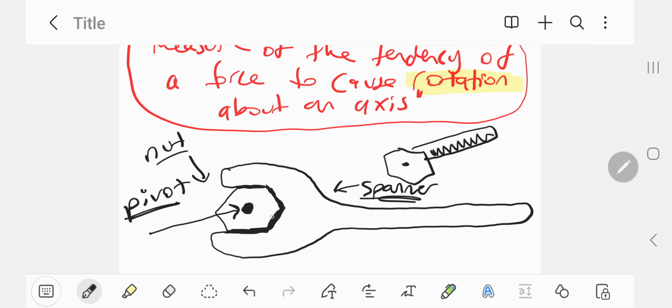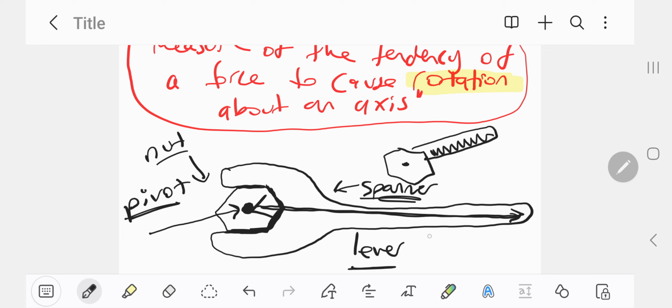The length of the spanner that goes from the pivot all the way to the end of the spanner is called the lever. Lever is basically a distance. It's what's known as a vector. It's got size and direction, right? And this will be useful for when I define torque mathematically.